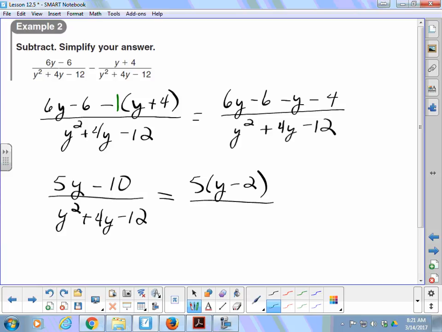And factors of negative 12 that add up to 4 are going to be y plus 6 and y minus 2. So the y minus 2's cancel, and we get 5 over y plus 6.